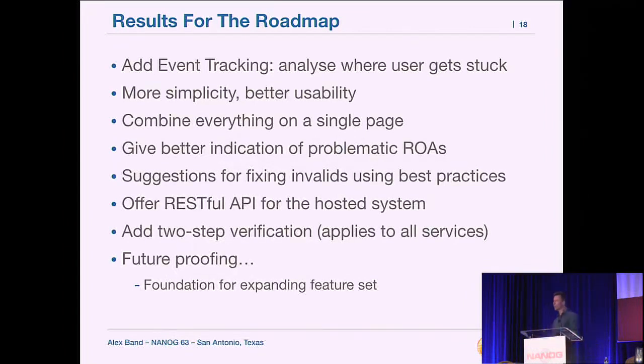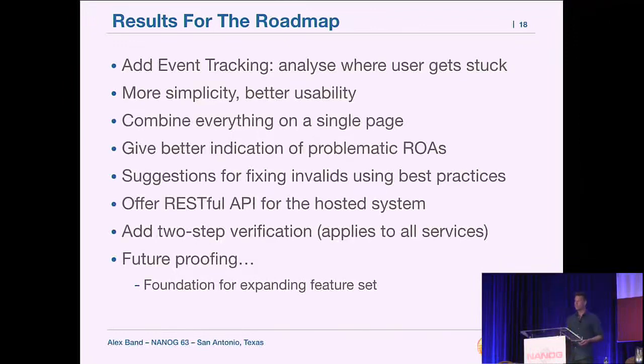So it's just a bad design choice that we made. So we were like, you know what? Let's put this front and center and put everything together on a single page. And then also give a better indication of problematic ROAs. So stuff that you created, and then at a later point it turns invalid, and it shows you exactly which ROA is causing a problem and how it is affecting certain BGP announcements.